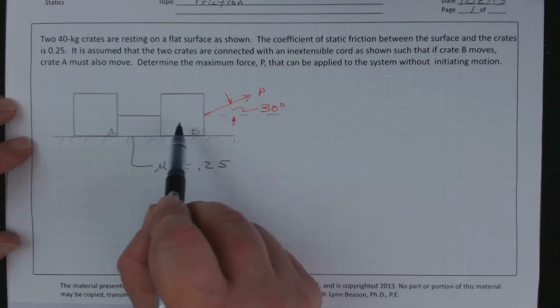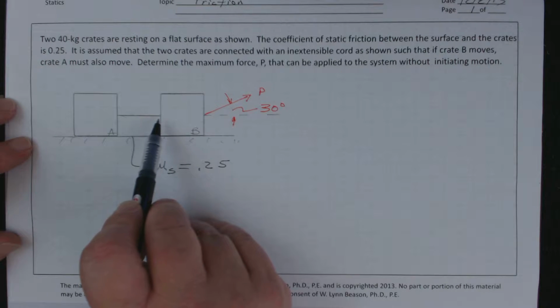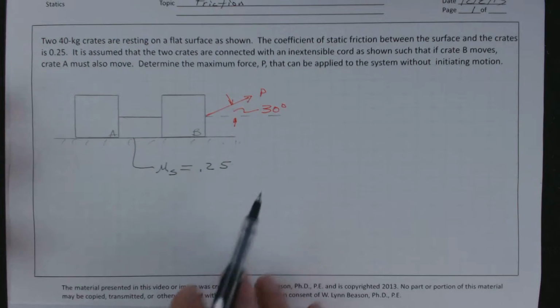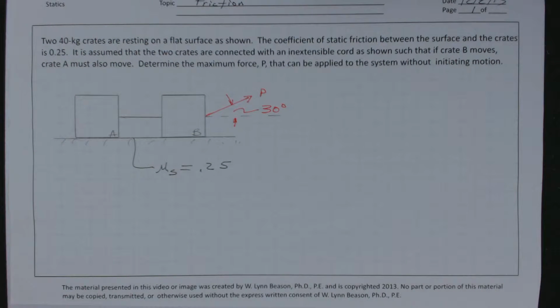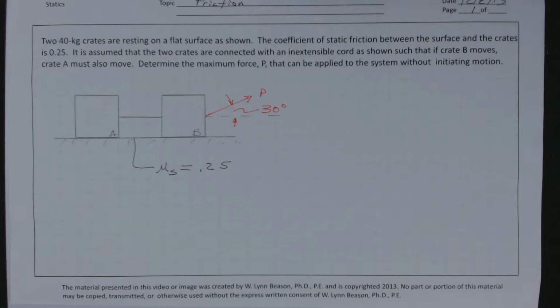And if crate B slides, this inextensible cable automatically makes crate A slide, so that they have to move together as a group. Now, if this is not an inextensible cable, this becomes a much more complicated problem, but we're assuming that it is an inextensible cable, and so we're going to work with that assumption.